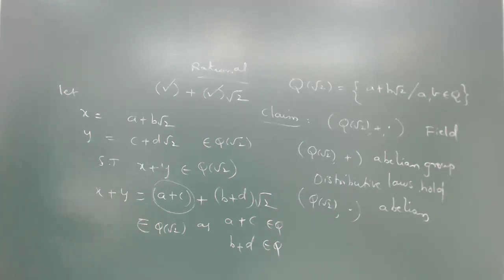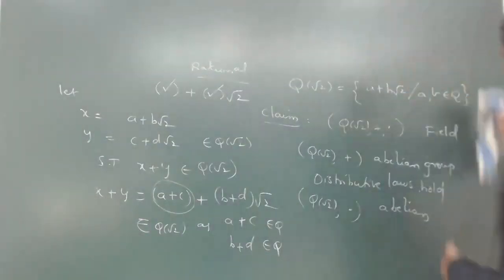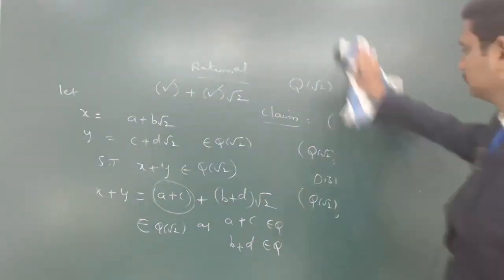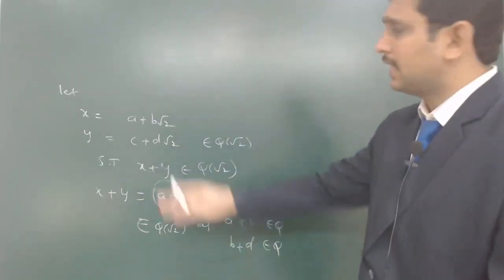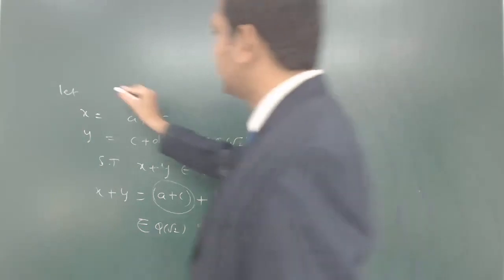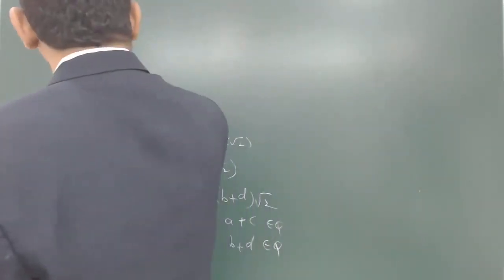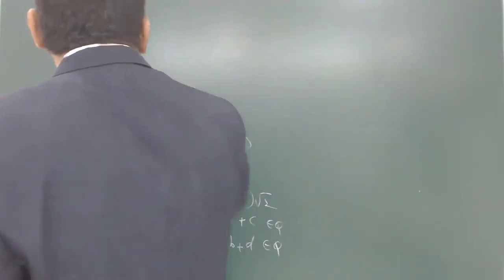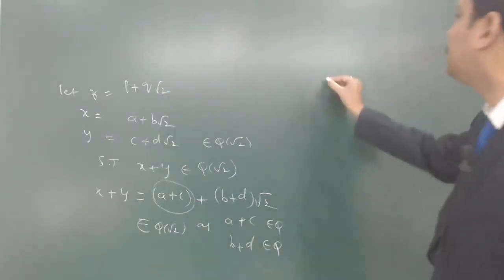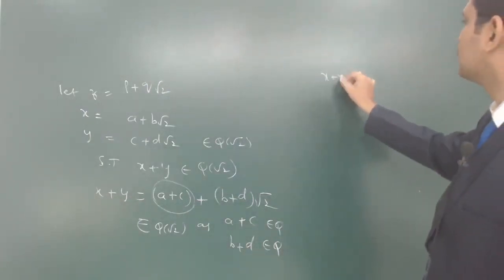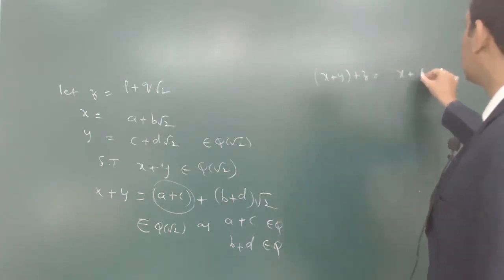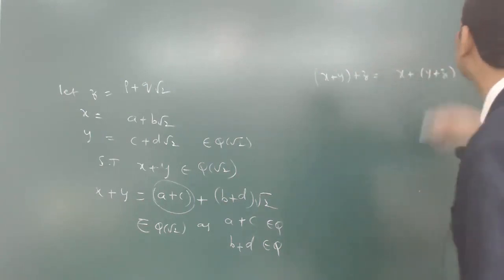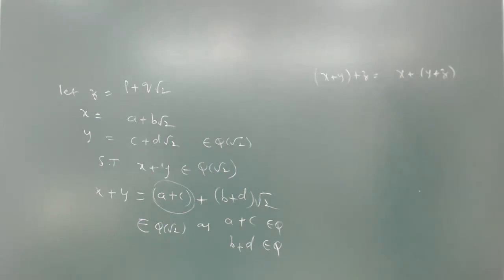Associative law is very similar. If you consider three values, I have taken x, y, you take the other one, z, also. Then you need to consider that (x plus y) plus z is equal to x plus (y plus z). This we need to show.